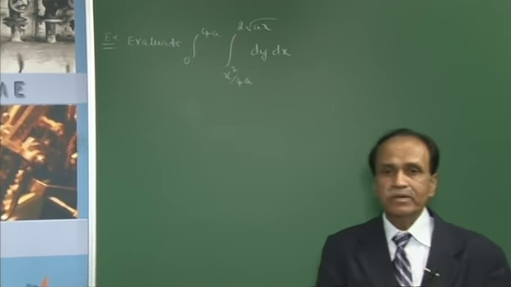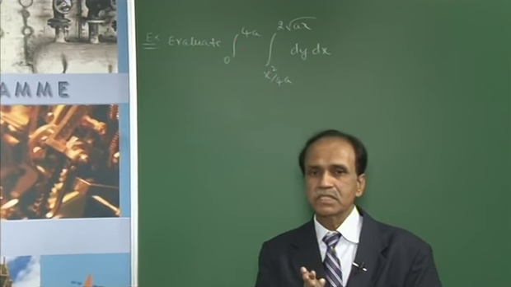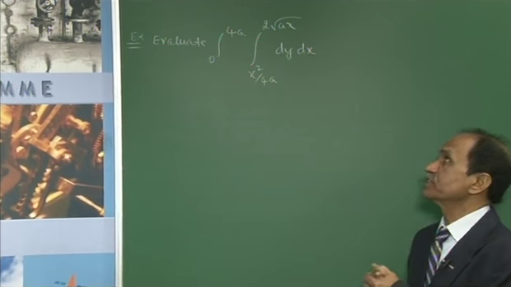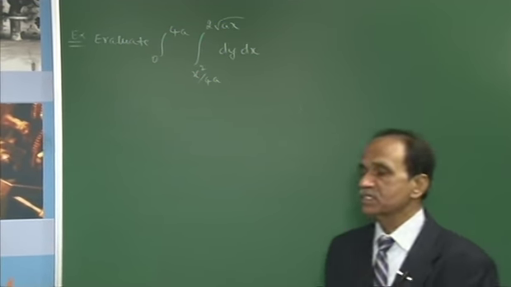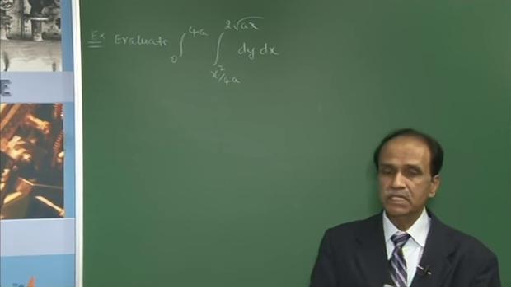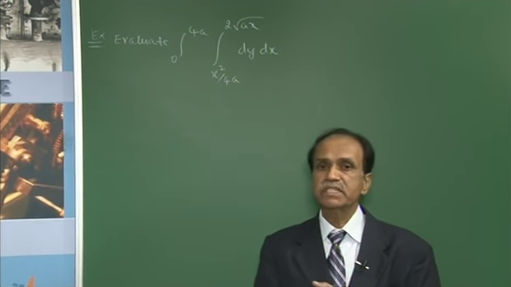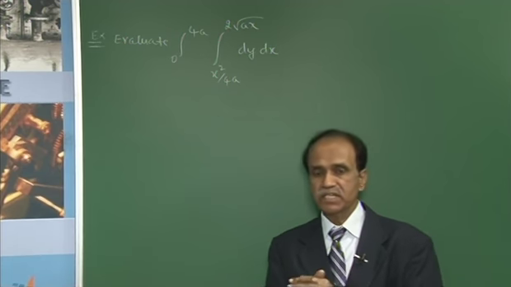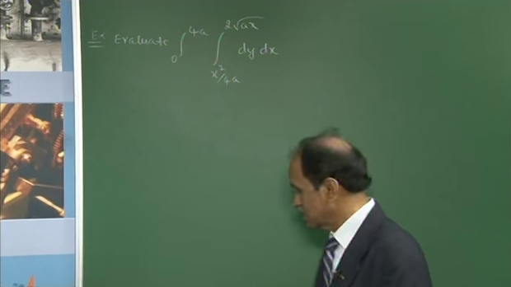There are 3-4 situations we commonly come across. This is one such situation, the intersection between parabolas, and next is the intersection between a parabola and a straight line, and the area of the first quadrant in an ellipse, and the area of the first quadrant in a circle, and other types of parabolas also.